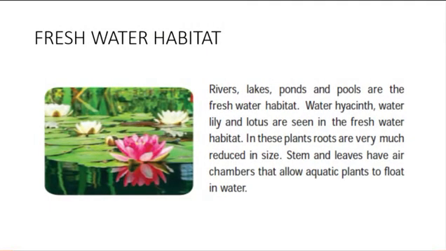Freshwater habitat. Rivers, lakes, ponds and pools are the freshwater habitats. Water hyacinth, water lily and lotus are seen in the freshwater habitat. Stem and leaves have air chambers that allow aquatic plants to float in water.